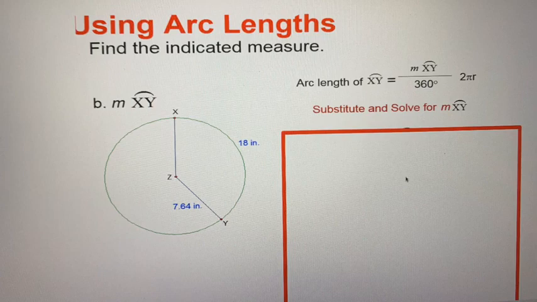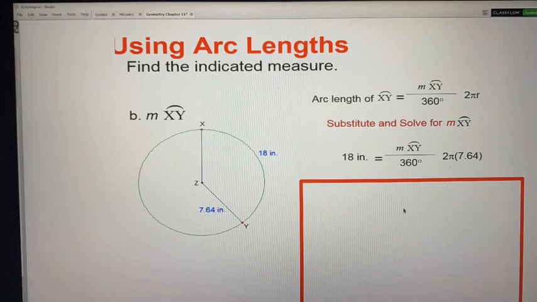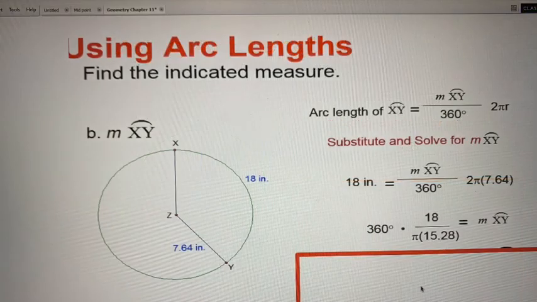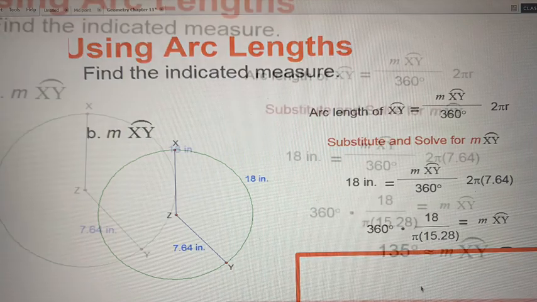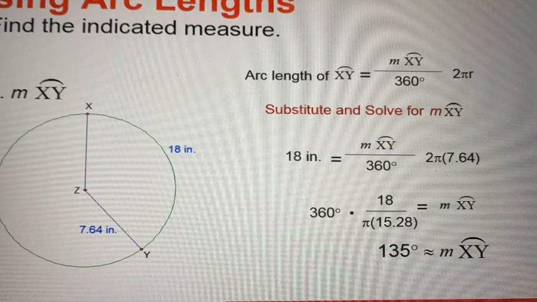We're going to put 18 inches in for the arc length, and that's going to equal our measure of the degrees over 360 times 2 times pi times the radius. And when we plug and chug and put everything through using 3.14 as pi, we're going to get that the measure of arc XY is about 135 degrees.